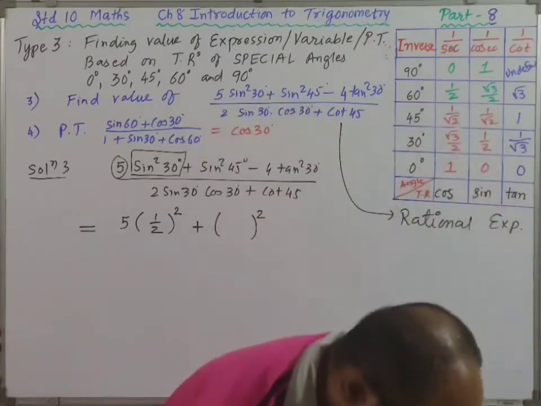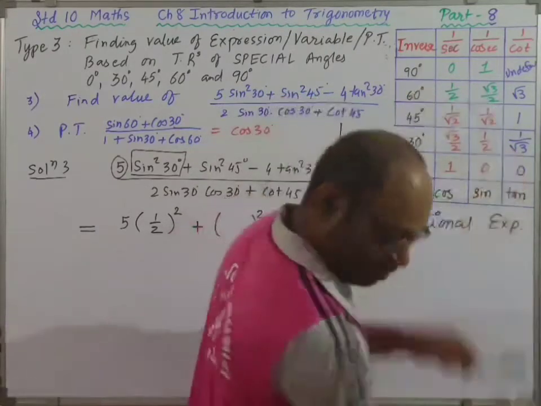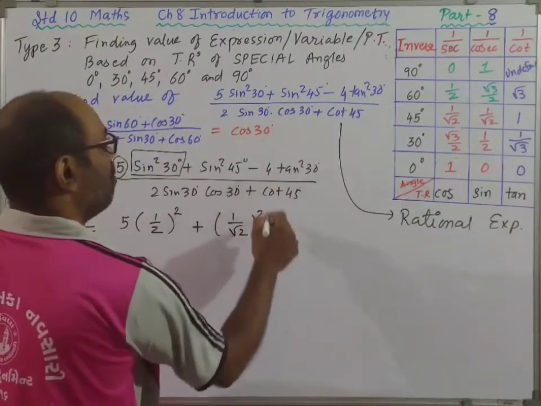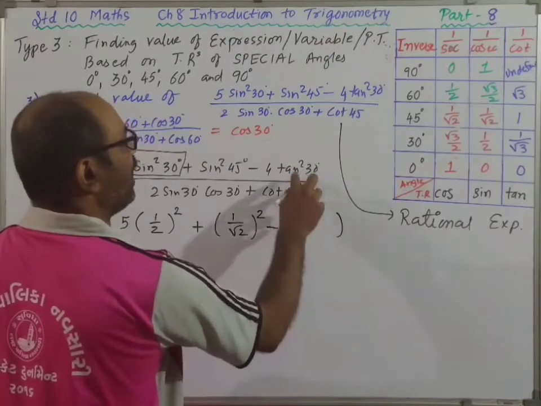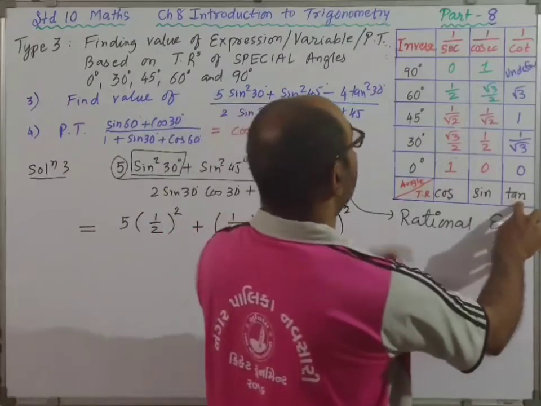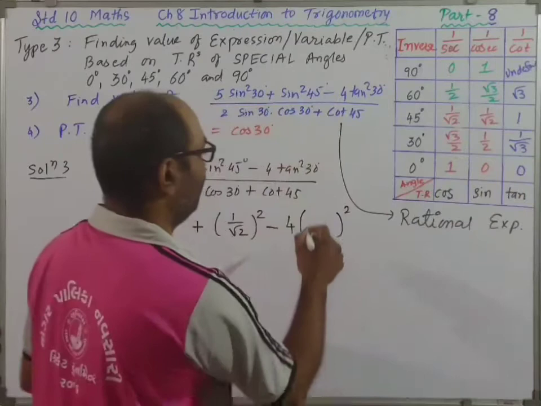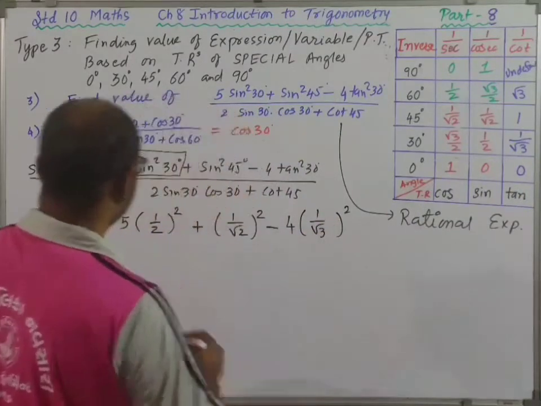So that is 1/√2 minus 4 into tan square 30: tan is here and 30 here. This is 1/√3. समझ में आई बात?